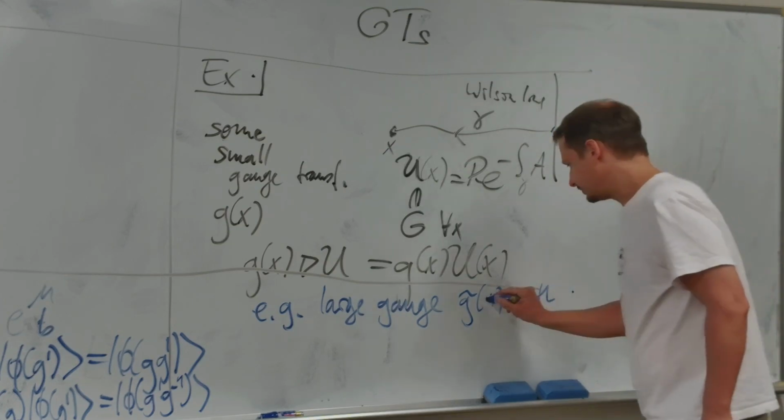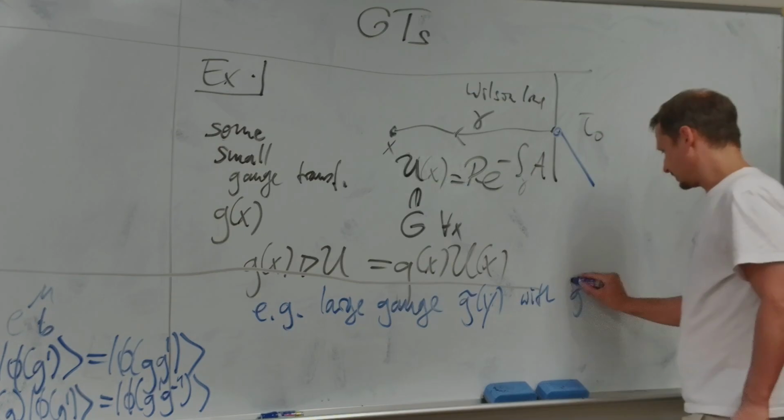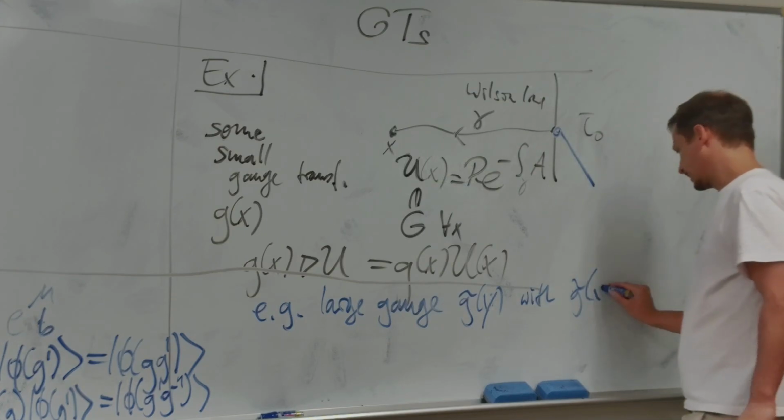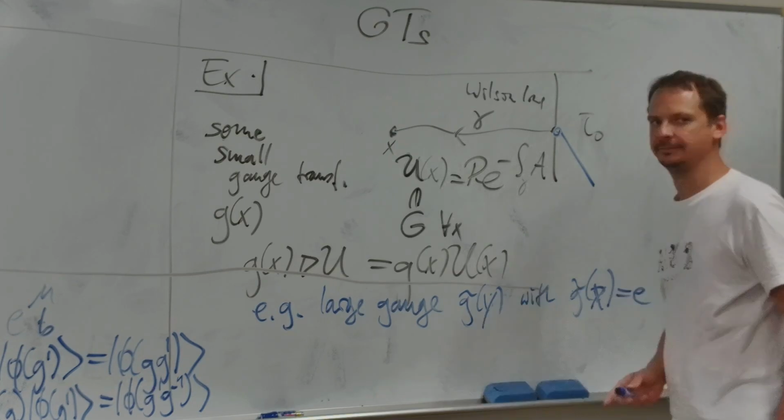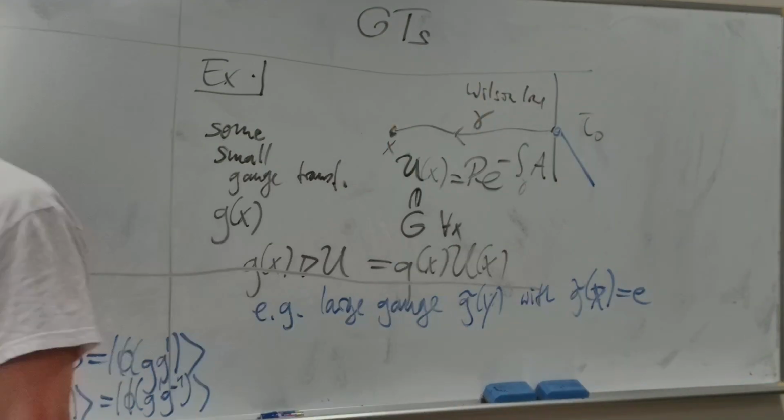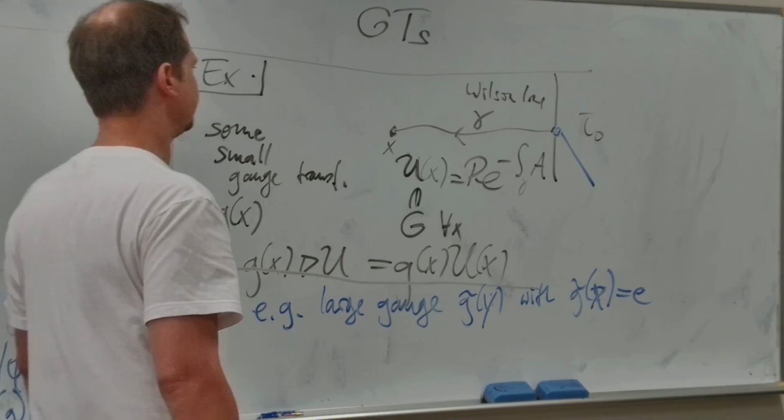With G tilde of X being the identity, so it has trivial support here in the bulk.